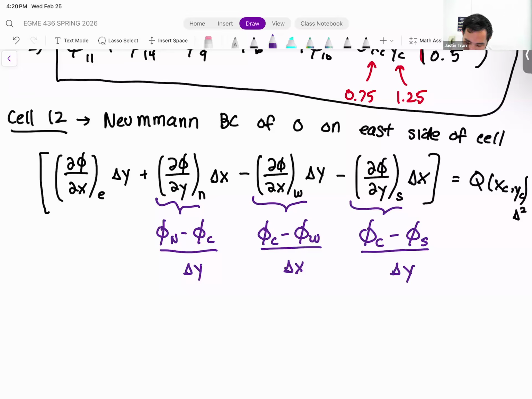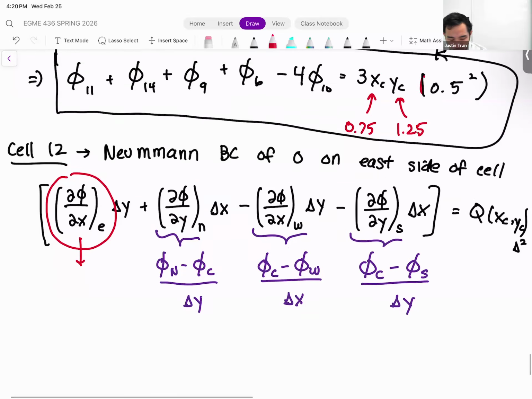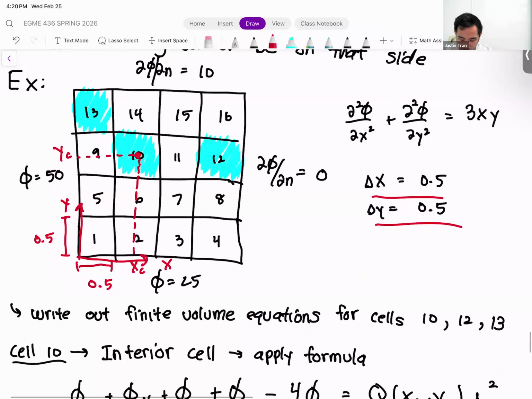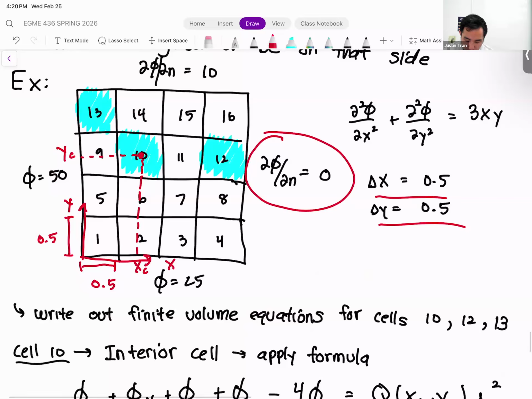Now, for the boundary condition. For cell number 12, the right-hand side, let's go back up to the figure so we can see. For this Neumann boundary condition, we can see that we have a derivative value equal to 0. So the solution value going to the right on that boundary is going to be equal to 0.